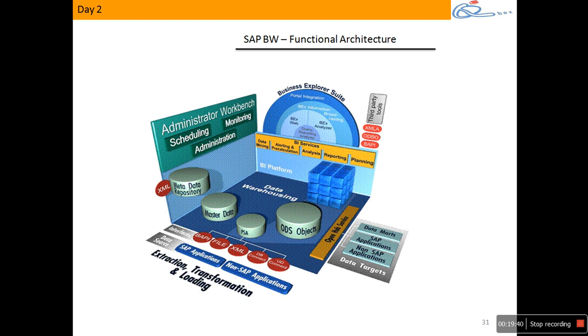In BW we have the flexibility of scheduling those as a job. Once it is scheduled, it will run automatically, and I need some flexibility for monitoring whether data is going through successfully or not. I need to monitor that. So for scheduling, monitoring, and administration of user management, security, authorizations, all those flexibilities we have as part of administration.